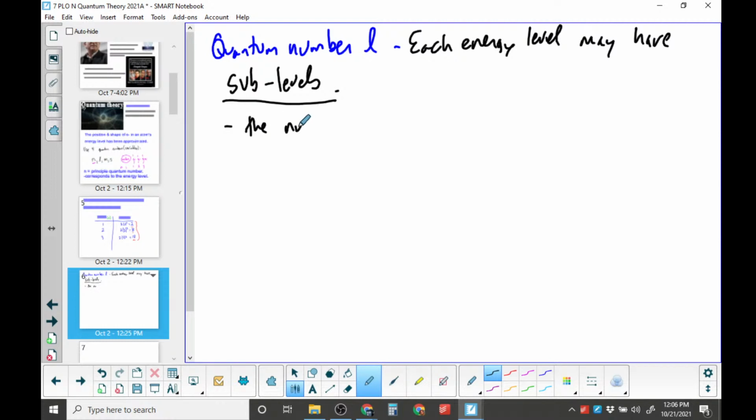It's number l. l's more of a holder for a number because it's a variable. It's like x is a number, it's just you don't know what that number is. The number of sublevels equals n. I don't know why I put it in quotes. That's probably silly. I should have underlined it to emphasize it.